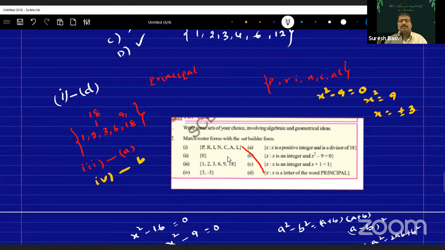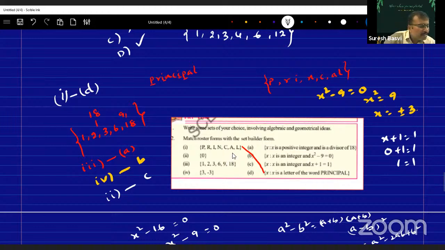Next, what is the remaining? Remaining is the second. So the second becomes C. Second's matching is C. Why? Because x plus 1 is equal to 1. When we put 0 instead of x, then 1 is equal to 1. Right, Sai.